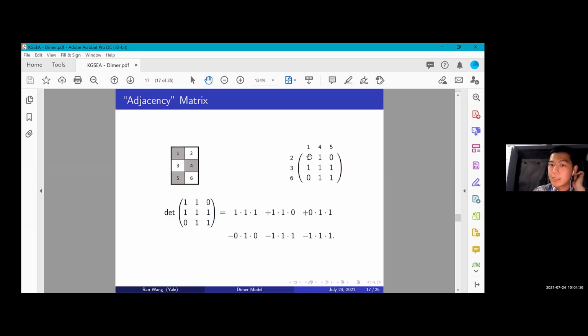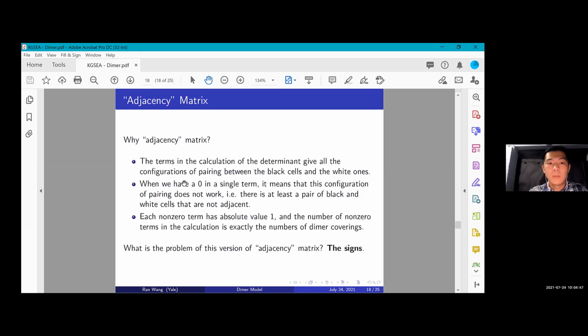If we face a case where there are all ones, for example 1, 2, 3, 4, and 5, 6, on the diagonal, we can see that it pairs 1, 2, 3, 4, and 5, 6, and all of these pairs are adjacent. So that's a valid one.